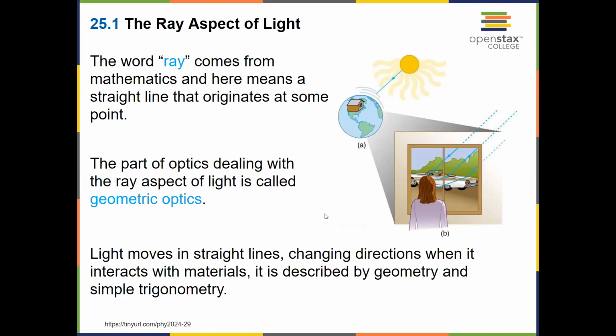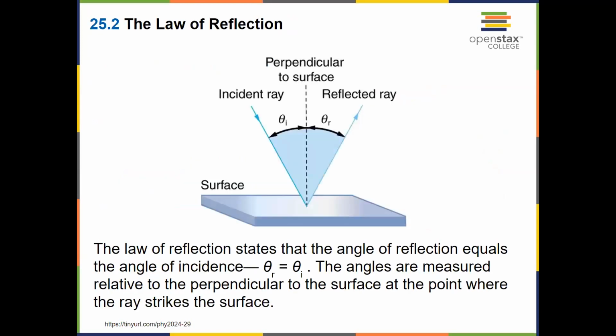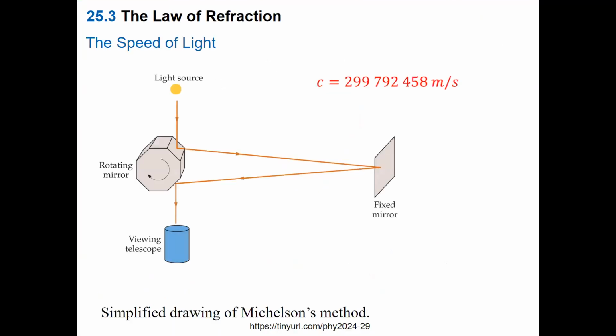A lot of times you will be dealing with geometry and a little bit of trigonometry here for optics. The first one, the law of reflection, says the incidence angle formed by a light ray with the normal direction is equal to the reflected angle that the reflected ray makes with the normal direction. That's the law of reflection, theta I equals theta R.